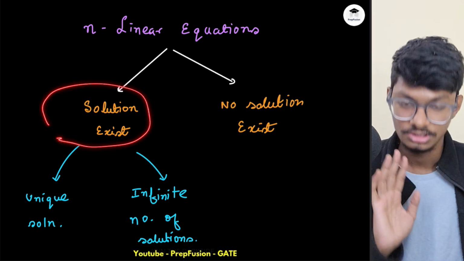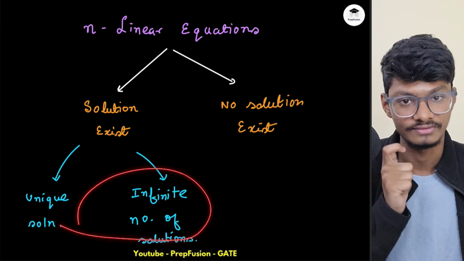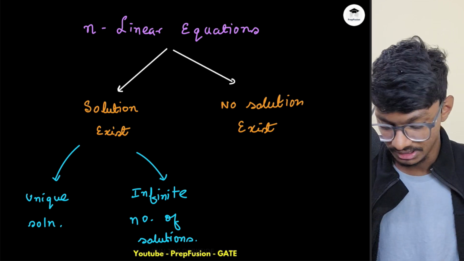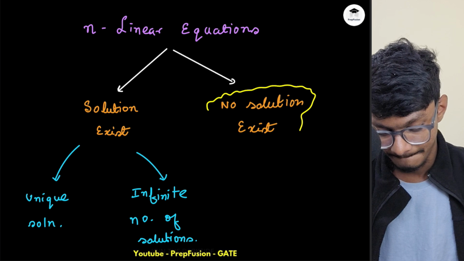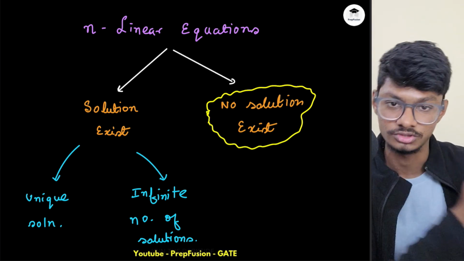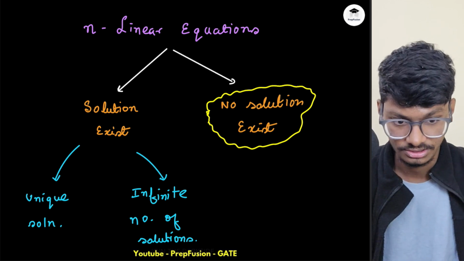So basically three things can happen. A solution can exist, and if a solution exists, I can have a unique solution or an infinite number of solutions, or the other case, no solution exists. So what do we say to the equations if they have no solutions? We say they are an inconsistent set of equations.